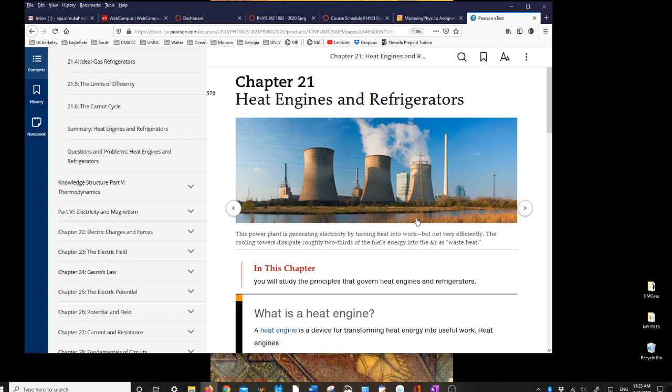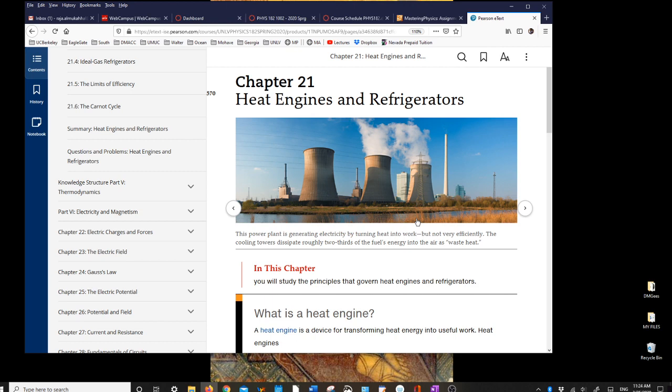For example, you have an electric power plant that works by boiling water, and this boiling water produces high pressure steam, and the steam is used to spin a turbine, and then the turbine, as it spins with the electromagnetic induction, generates electricity.